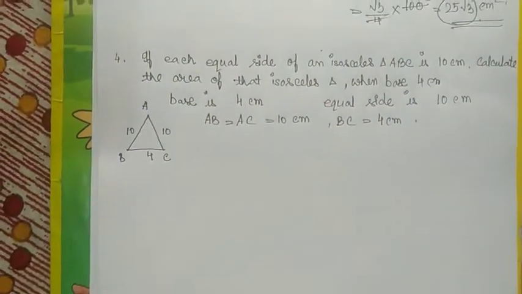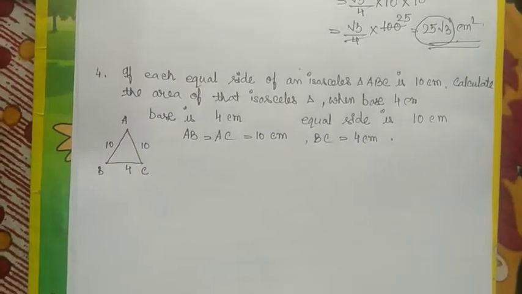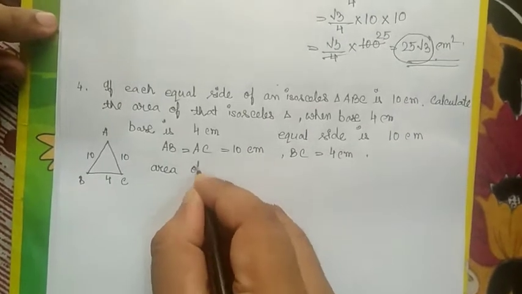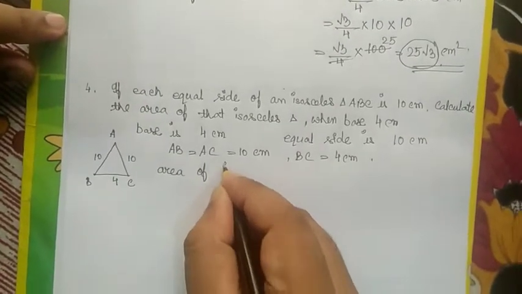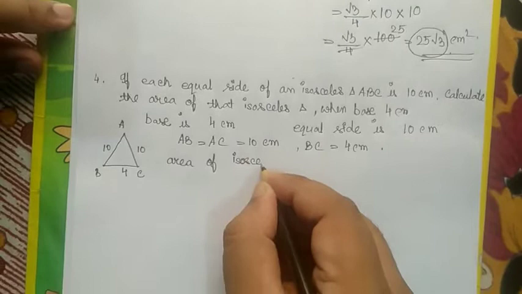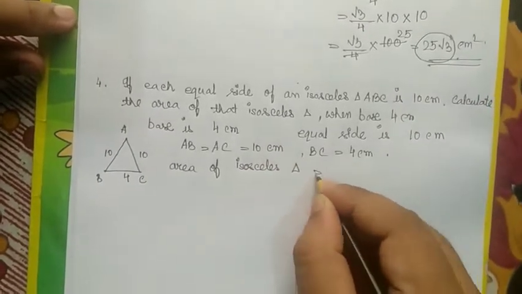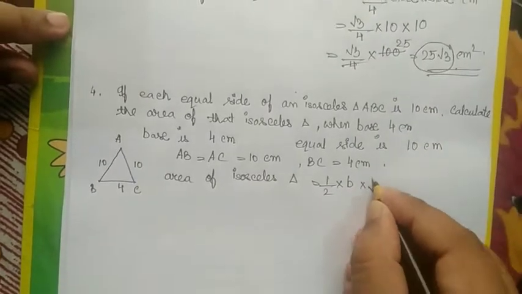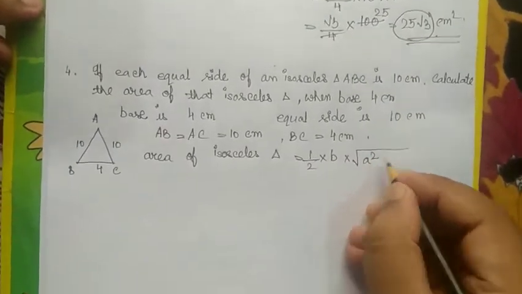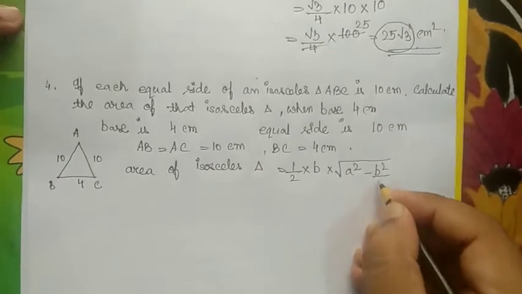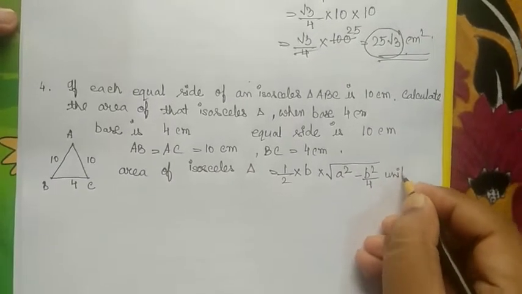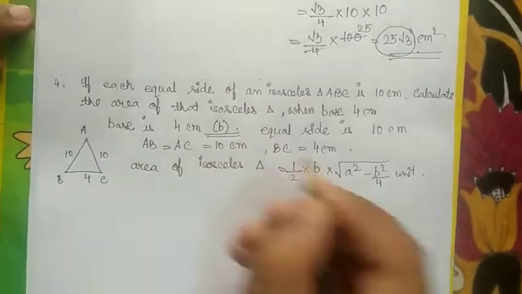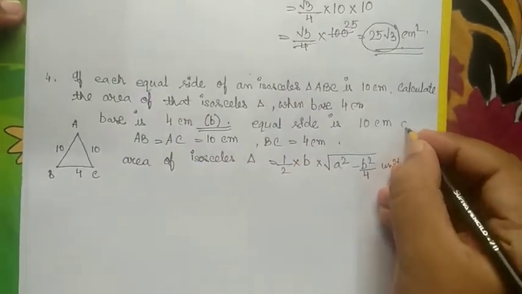One more thing, in this book the area of the isosceles triangle is given as half into base into root of a square minus b square by 4 unit, where b is the base, this is known as the base, and a is known as the equal sides.